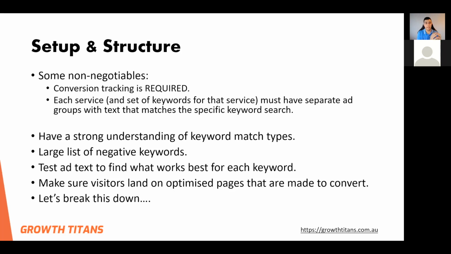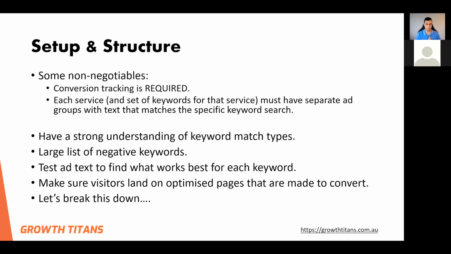Now, and I'll go through this in more detail, think of your business and the services you provide. Each service needs to have its own set of keywords that you're targeting and separate ad groups for each keyword. Again, I'll show you a really good diagram so you can understand how this works. But you're trying to be as custom as possible, right?